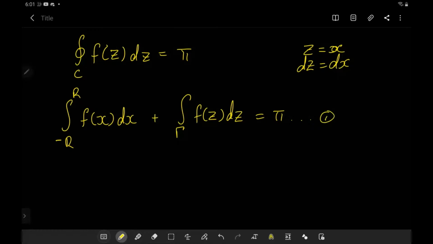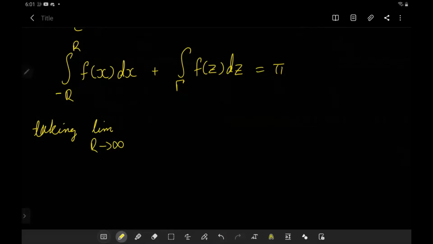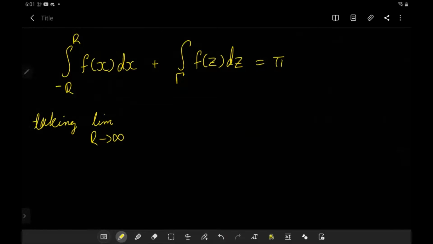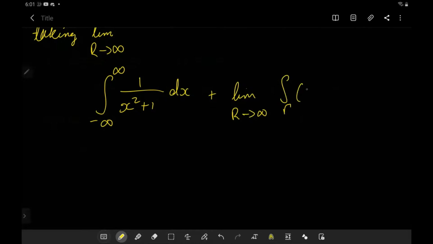Notice that if we take the limit of equation 1 as r tends to infinity, we get the integral from minus infinity to infinity of 1 over x squared plus 1 dx, plus the limit as r tends to infinity of the integral over gamma of f of z dz.